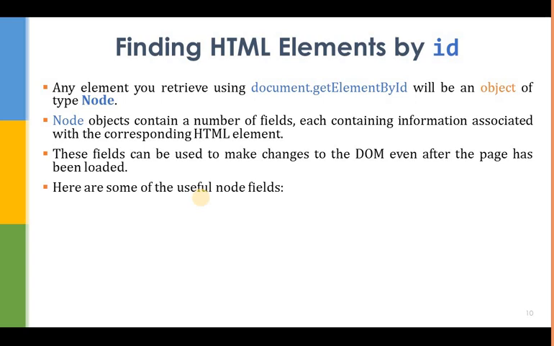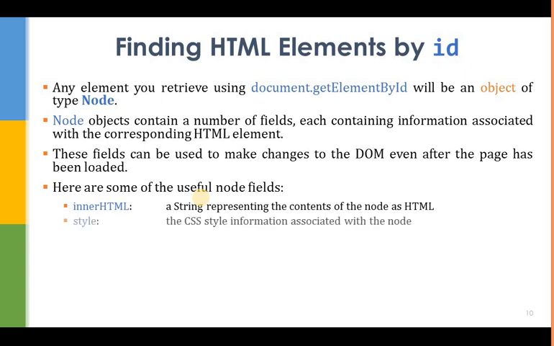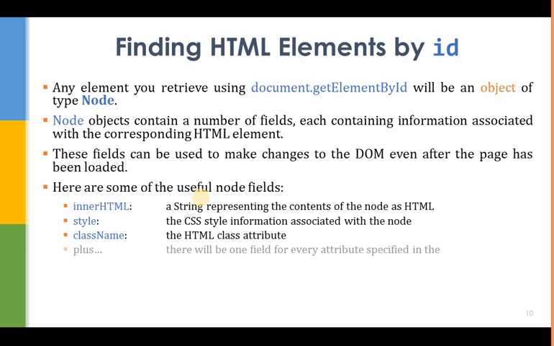There are some useful node fields. We have seen innerHTML, a string representing the content of the node as HTML. After that, style, the CSS style information associated with the node. After that, className, the HTML class attribute.